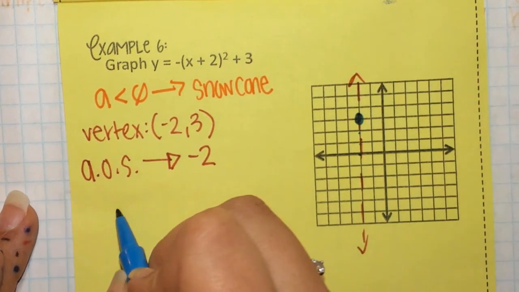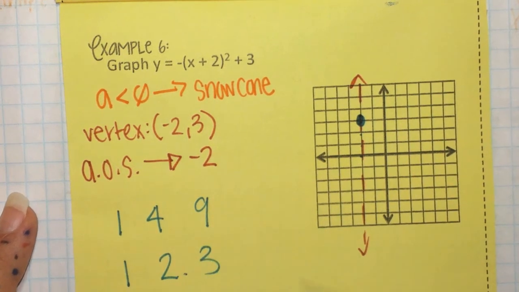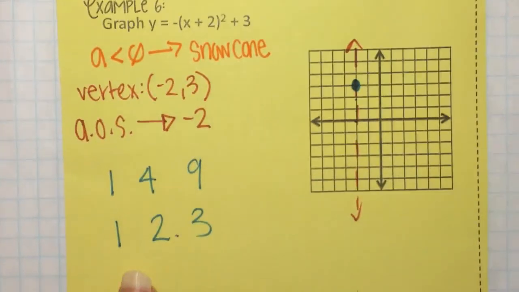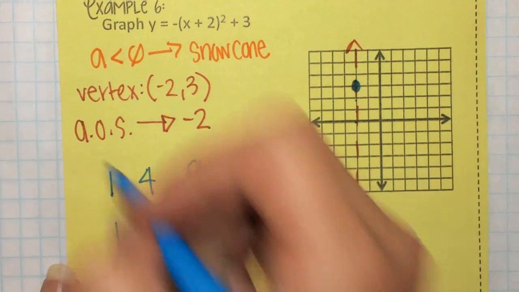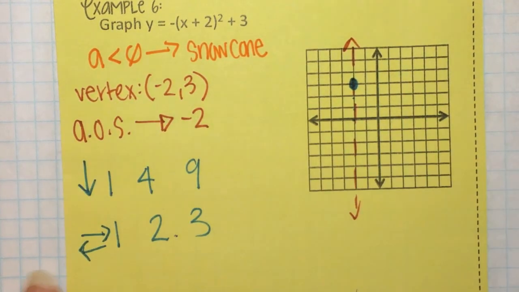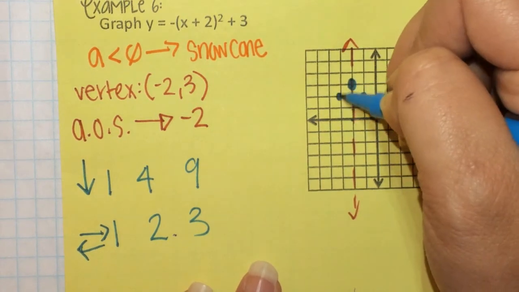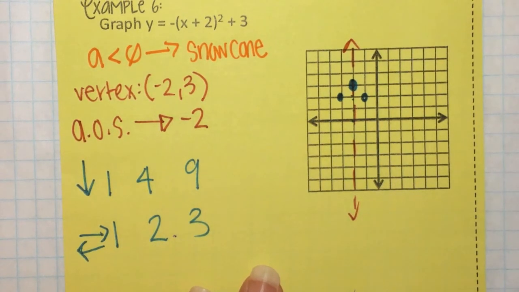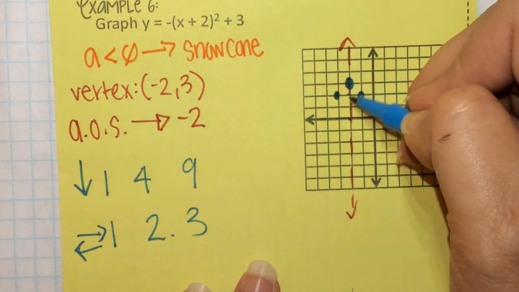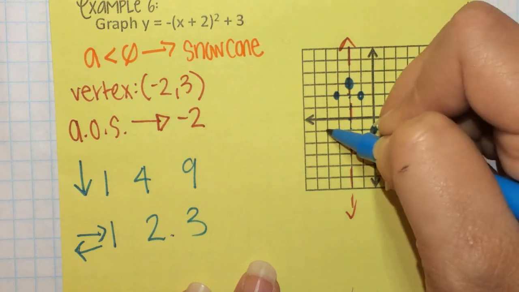Now, we know we're going to use 1, 4, 9, and we're going to use 1, 2, 3. But since it's a negative out front, are we going to go up or down? We're going to go down and then still to the right and to the left. So down 1, right 1, down 1, left 1. Then down 1, right 2.